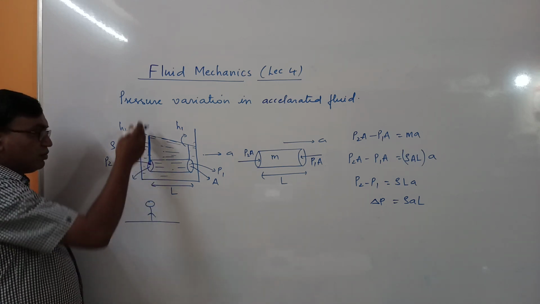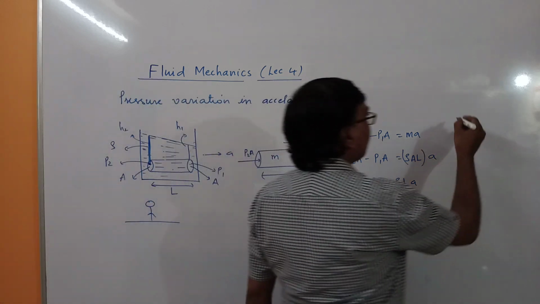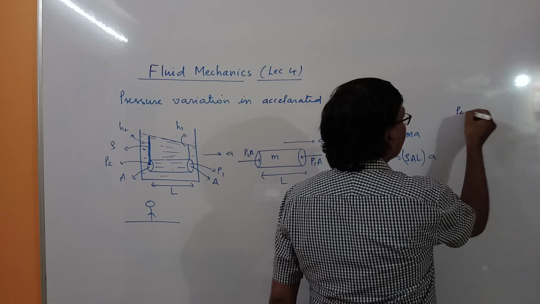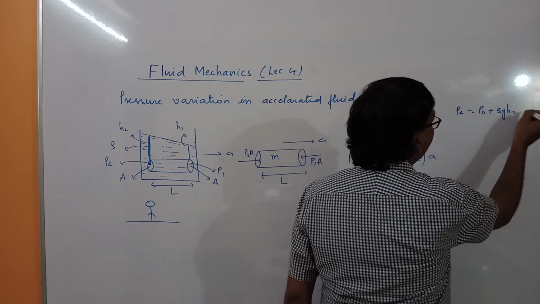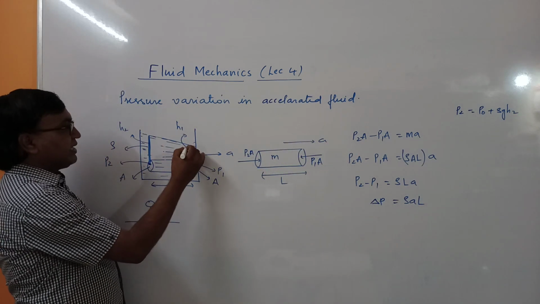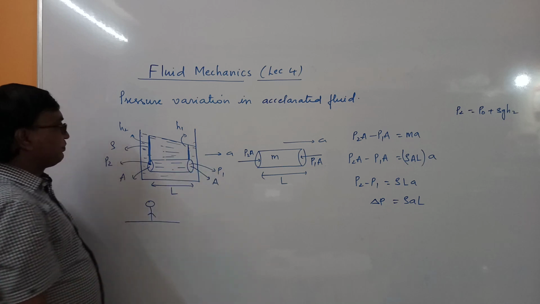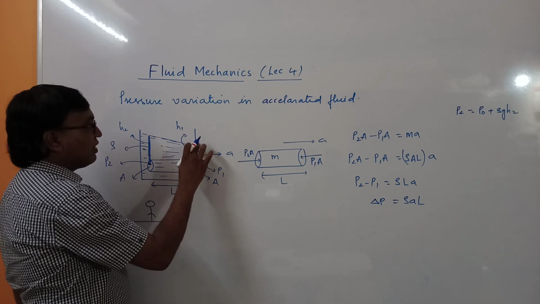So the pressure P2 due to the vertical column of the fluid must be P naught plus rho g H2, where H2 is the vertical height. Then here this height is H1, as we have already considered.